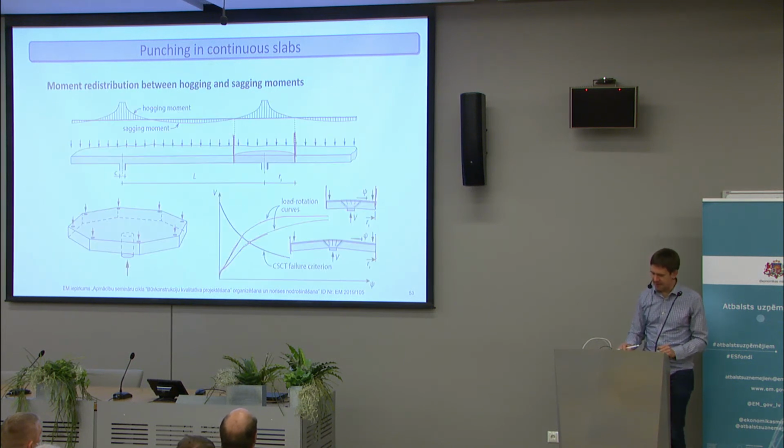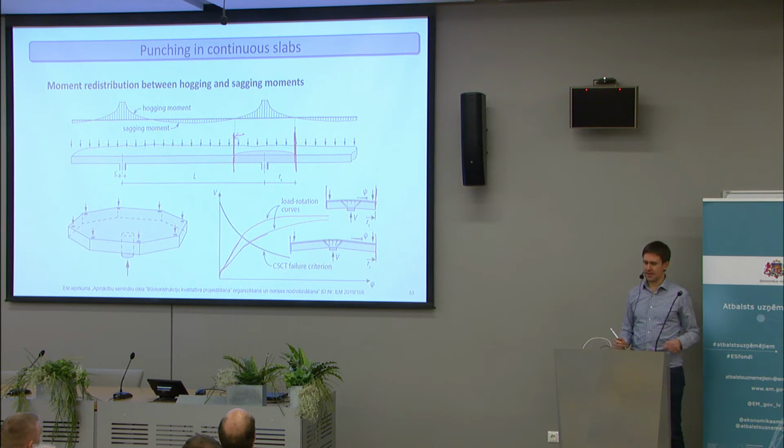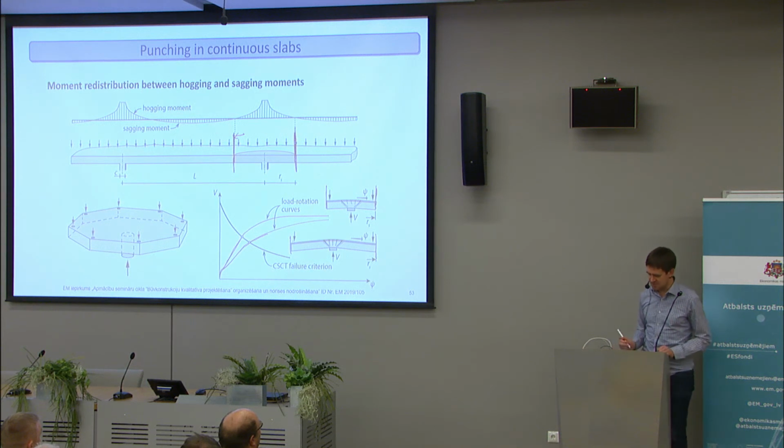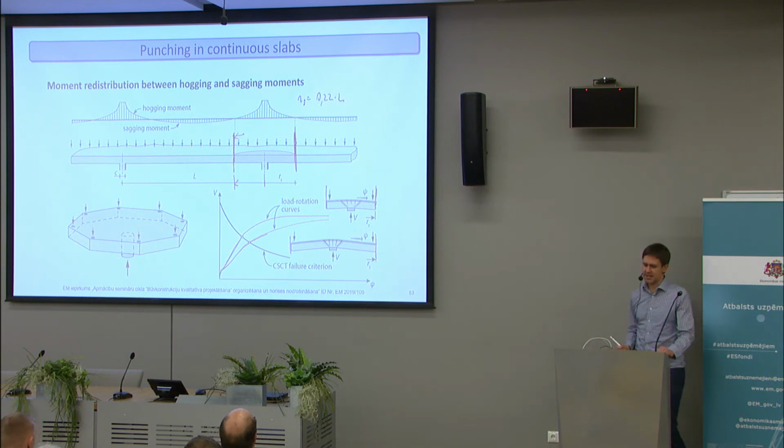Now, if we have a continuous slab, then actually Kinnunen and Nylander calculated the location of the line of zero moment with elastic calculation, because back in the 60s, nonlinear calculation wasn't really feasible even for research purposes. And they found that it's about 0.22 times L, the radius r_s, so the distance to this line.